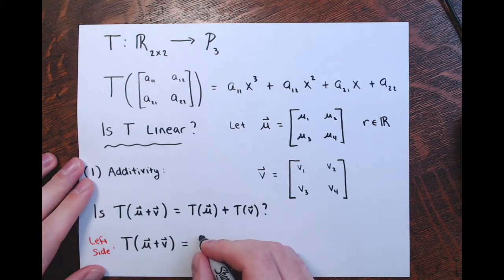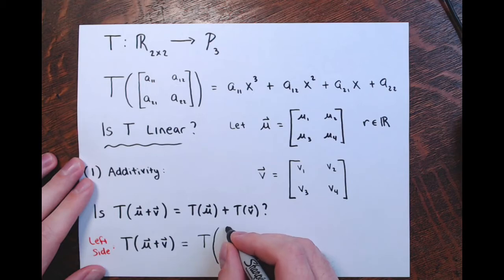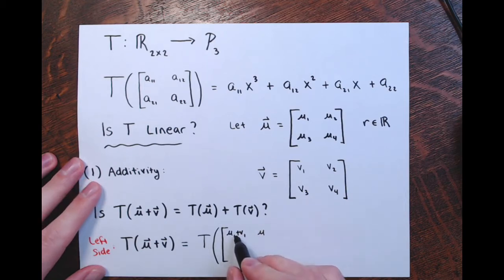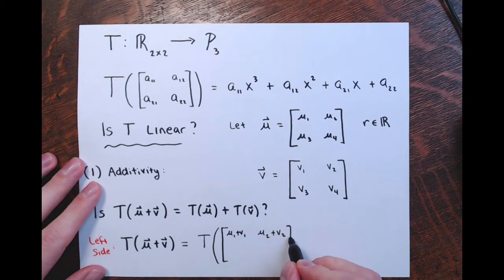So this is T applied to, when I add u and v together the usual way, u1 plus v1 for the first row, first column, u2 plus v2 for the first row, second column, u3 plus v3 for the second row, first column, and u4 plus v4 for the second row, second column.